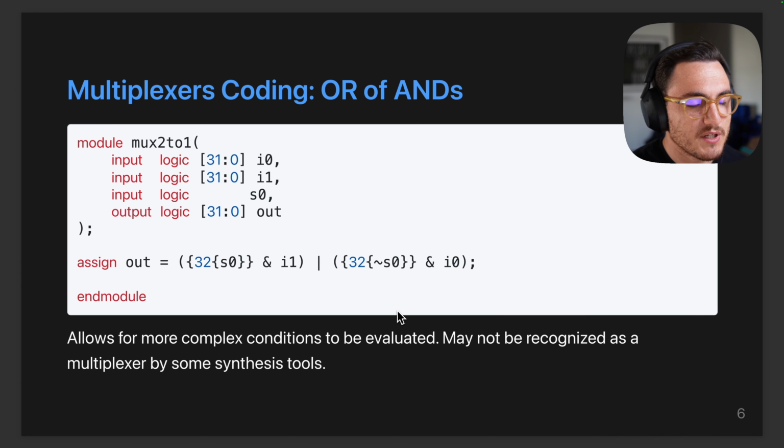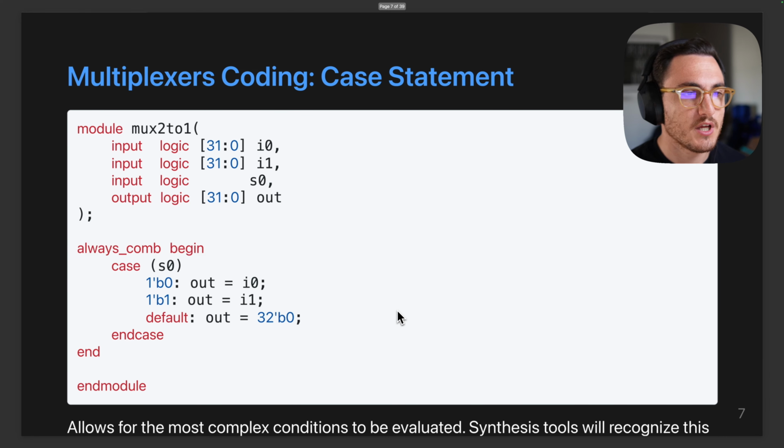The problem is that it may not be recognized as a multiplexer by some synthesis tools. If your intention is to build a straight up multiplexer, you need to go with the next approach, which is the one that we saw, and it's the case statement. The case statement enumerates all the cases that are possible. You can have missing cases.